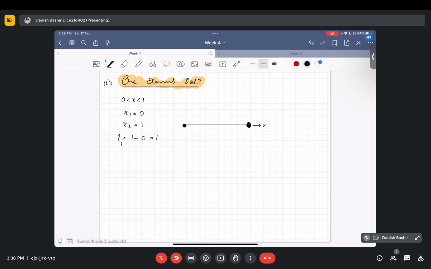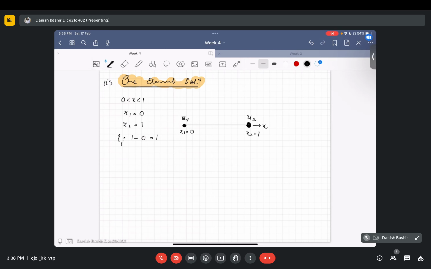This is x, x is varying like this. So this is x1 equal to 0, x2 equal to 1, and these are the nodal parameters u1 and u2.